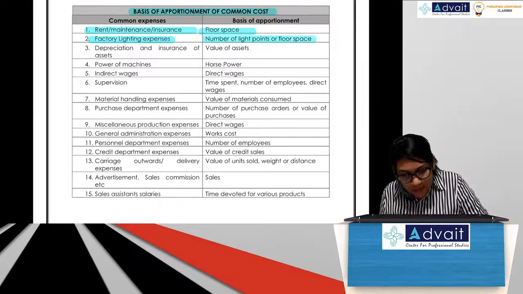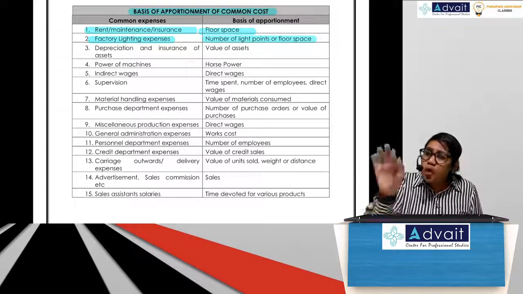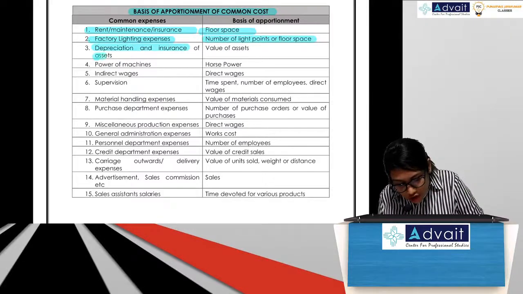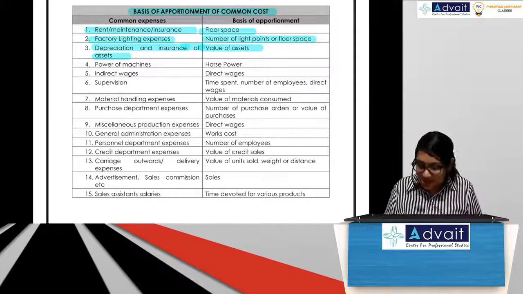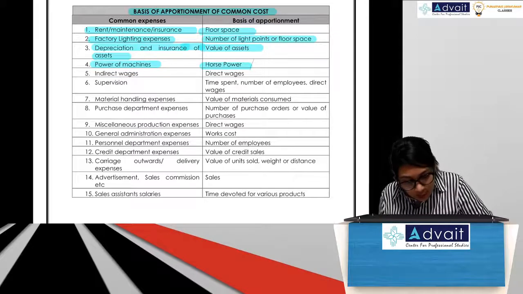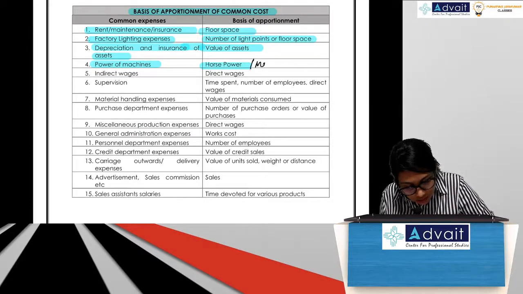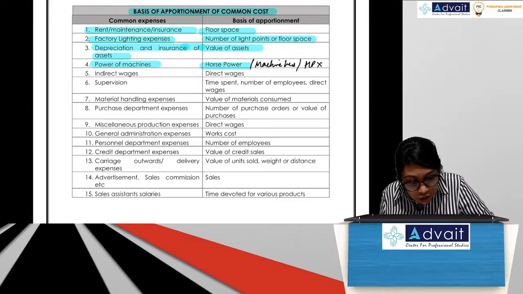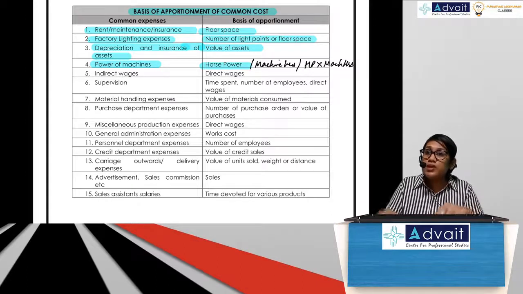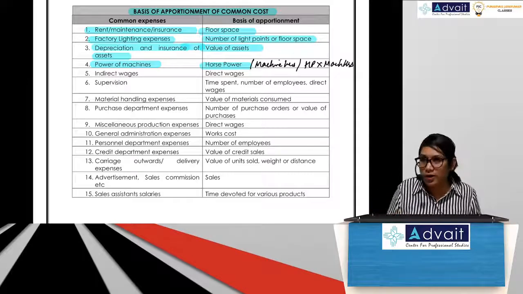Factory lighting expense, number of light points. Suppose light points is not given, then you can use floor space. Then depreciation and insurance of assets, value of assets. Power of machines, horsepower. Sometimes they also use machine hours if that is given, or sometimes they also use HP into machine hours. If this is given for all departments, this will give a more accurate measure.